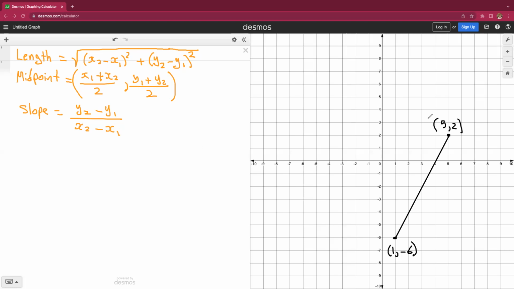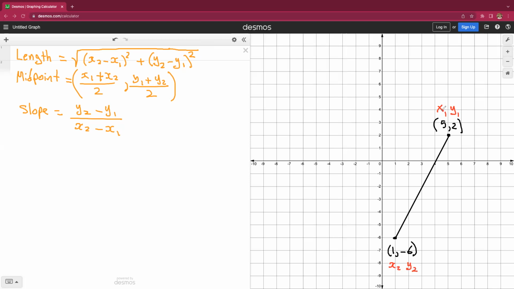Now, lots of students ask, how do I know which one is x1 and which one is y1? So you go to any point and you name it x and y, because a coordinate always has an x and a y value. Now, if you name this x1, then this has to be y1. So you could name this point x1, y1, and then you could name this point x2, y2.